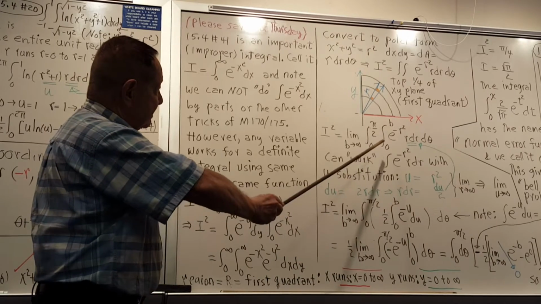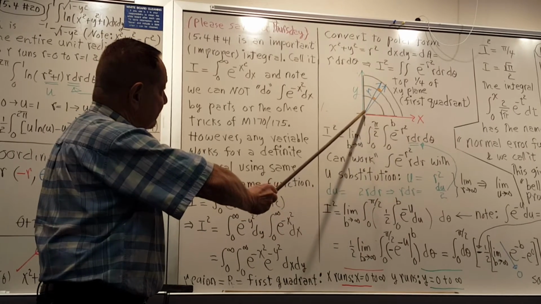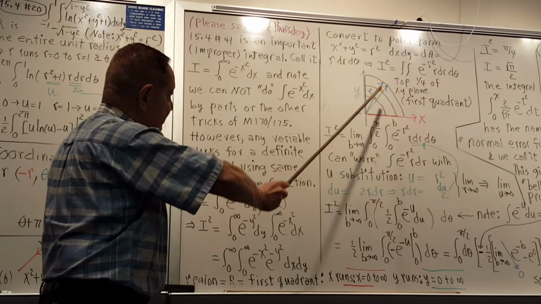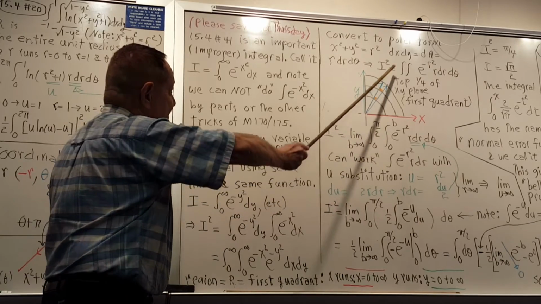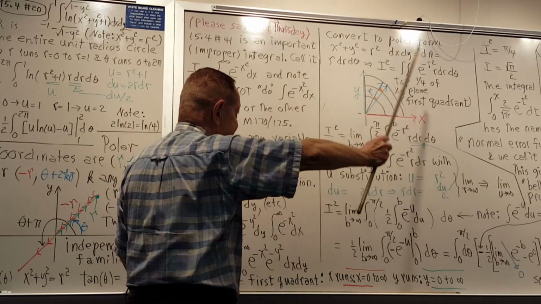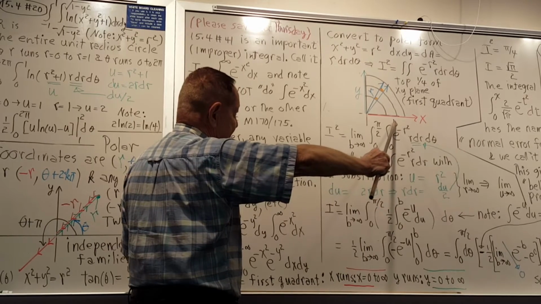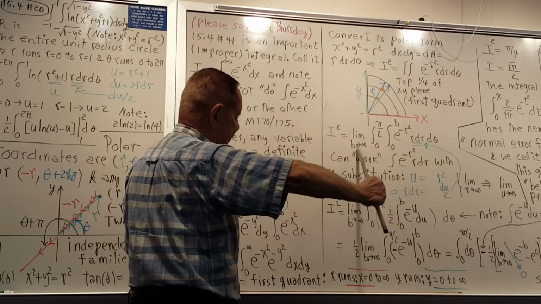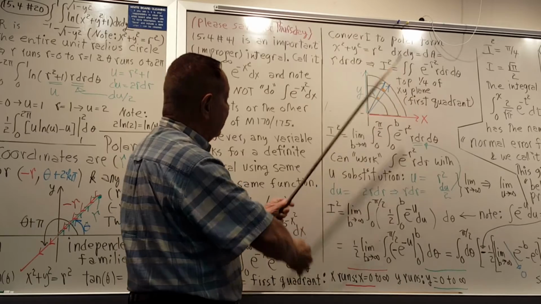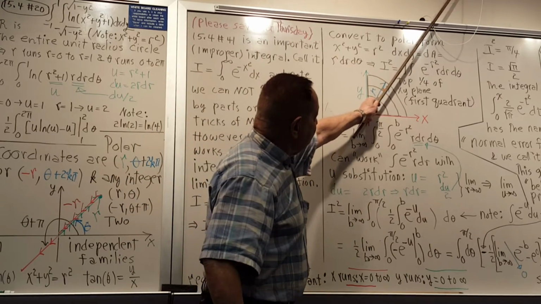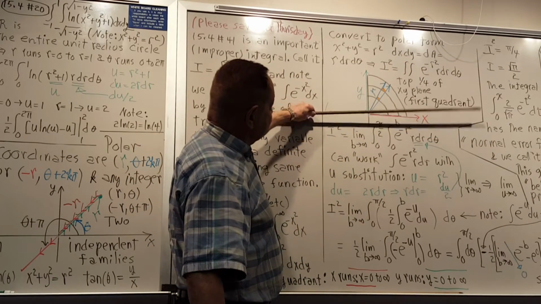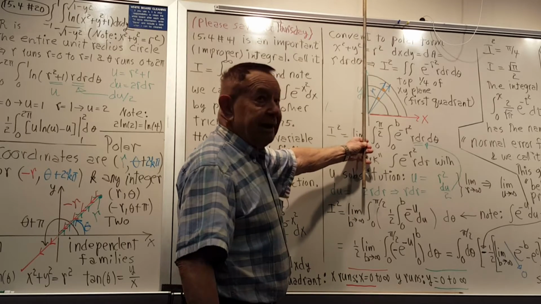Going with the sectors, r goes from 0 outward indefinitely, so out to b, and then take the limit as b goes to infinity. And then theta goes from 0 to pi over 2.